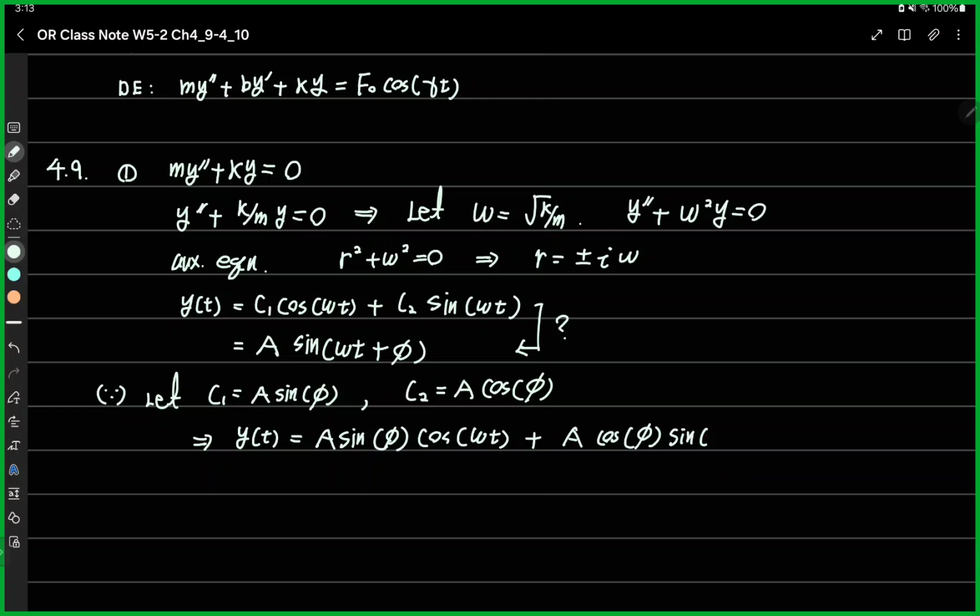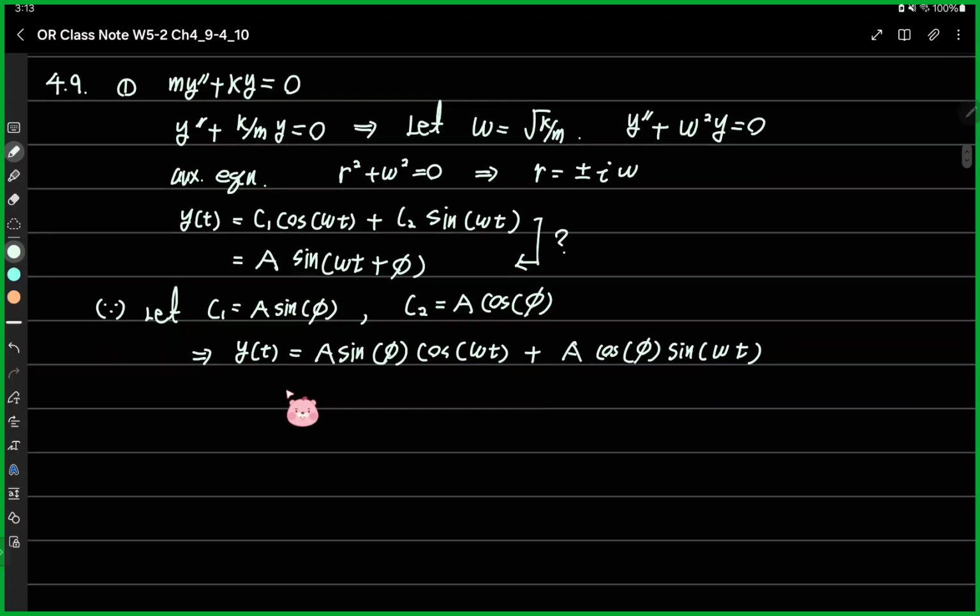Now use the addition property of trigonometric functions. Remember that sine cosine plus cosine sine is what? Yeah, sine of phi plus omega t, right? So we can say A times sine(omega t plus phi).